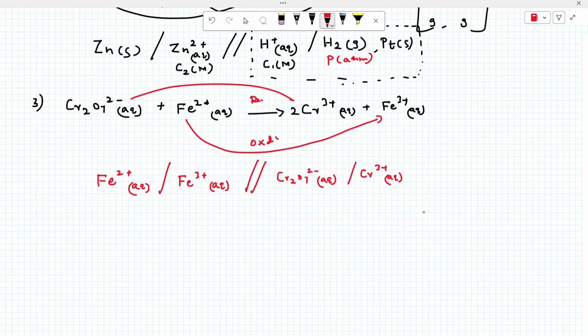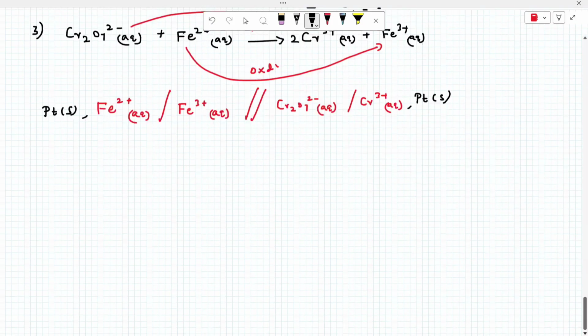Where is the platinum? Platinum, sir, on both sides. Both are in the aqueous layers. Understand? Whenever a reaction has aqueous and aqueous, or aqueous and gas, at that time we can use the platinum electrode.